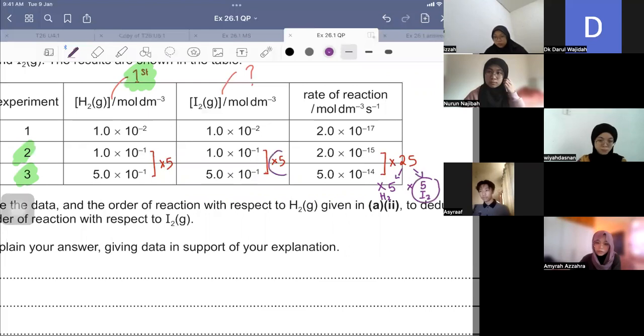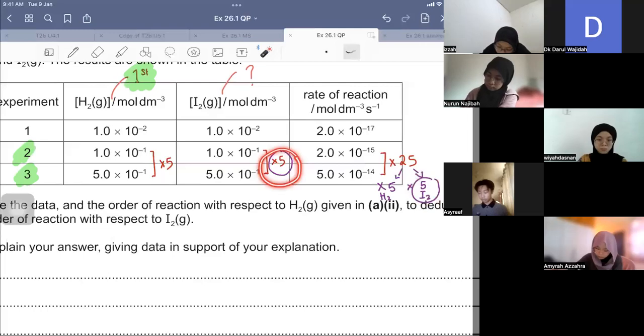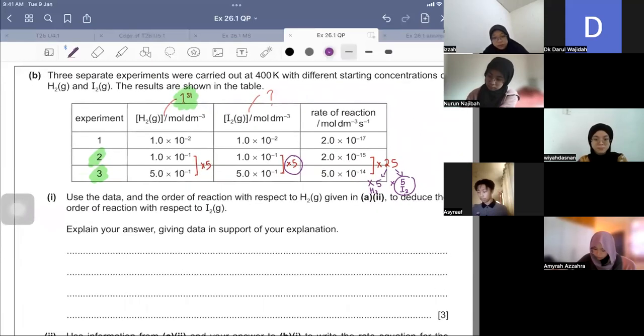And you can see that the increase in concentration and the increase in rate is directly proportional. It's the same. However much you increase your concentration, the same increase will have an effect on your rate. So this is an example of combined effect.